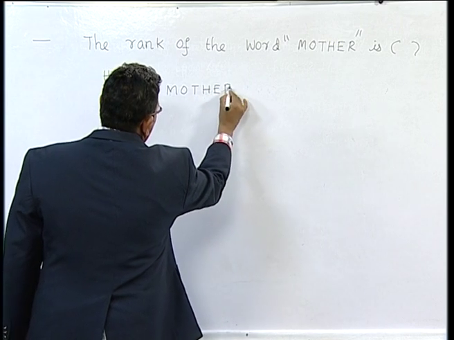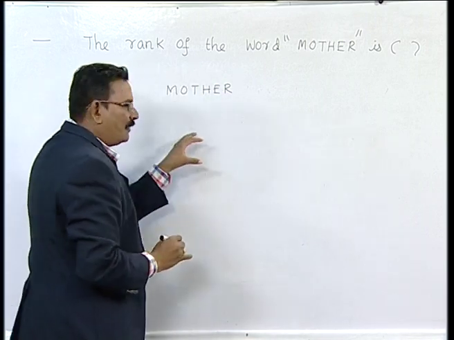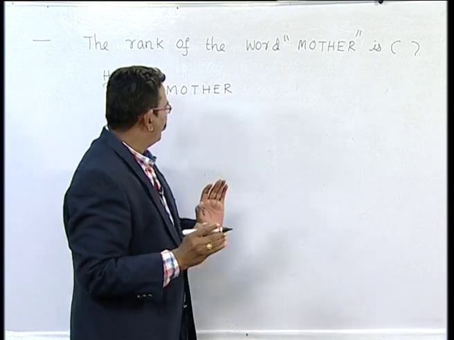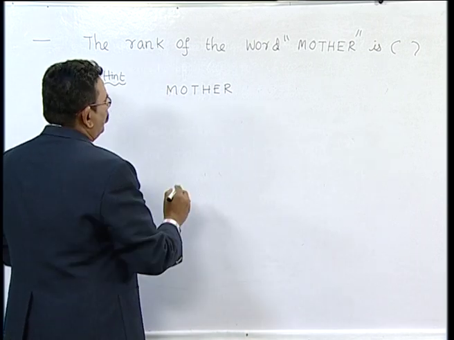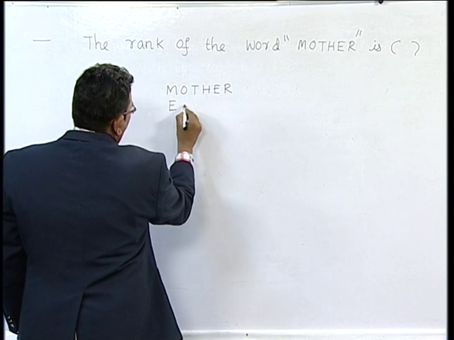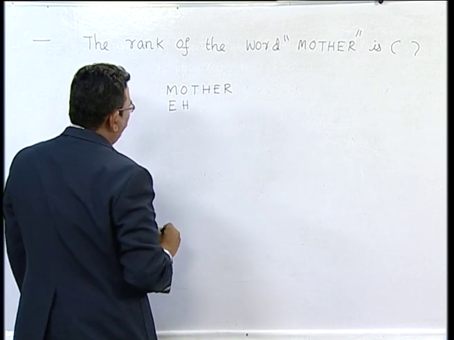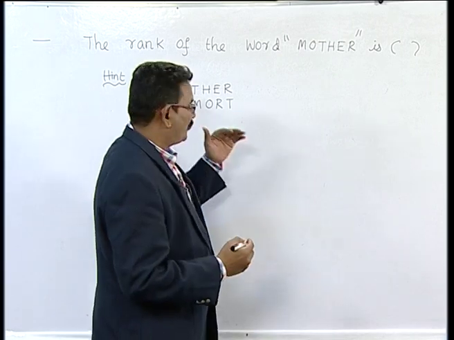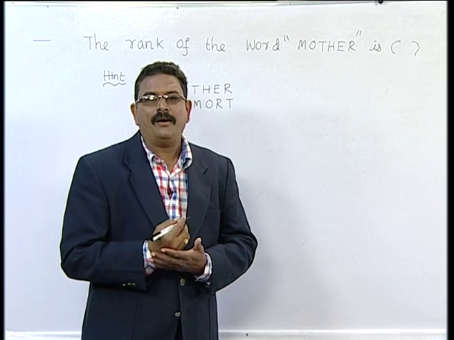Arrange the letters of the word mother in alphabetical order first. In alphabetical order, the first that will come here is E, after that H, after that M, the letters of the word in dictionary form.